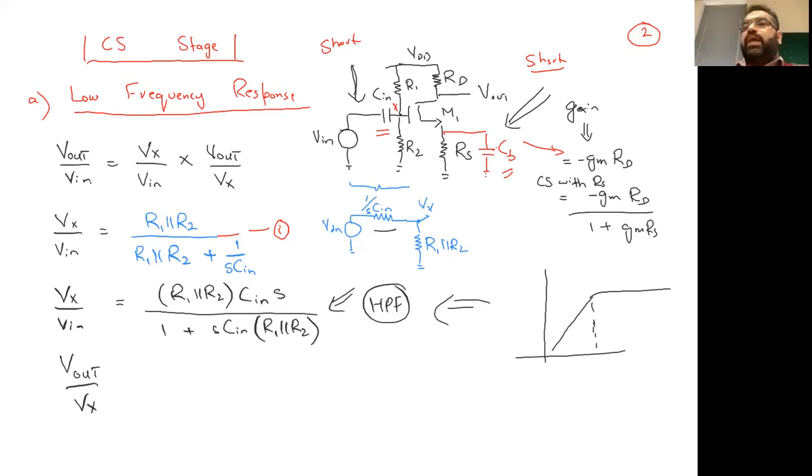Whereas the Cin work, again that will be considered shorted in your DC gain calculation.